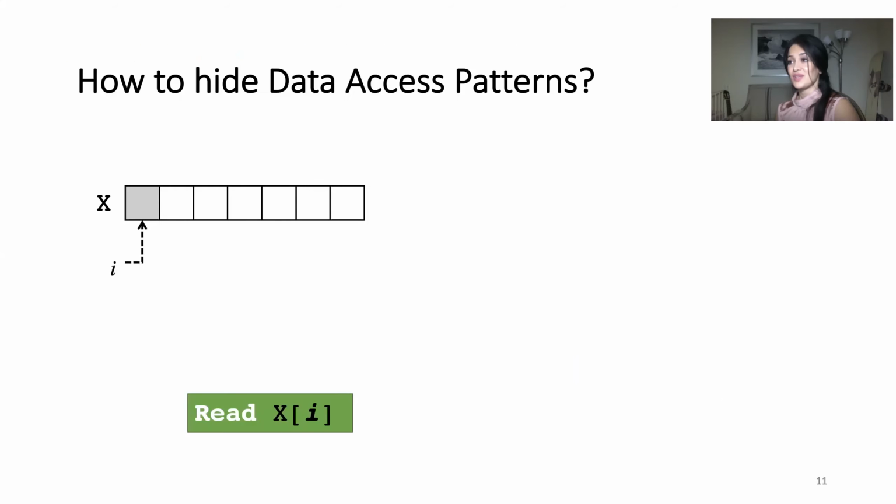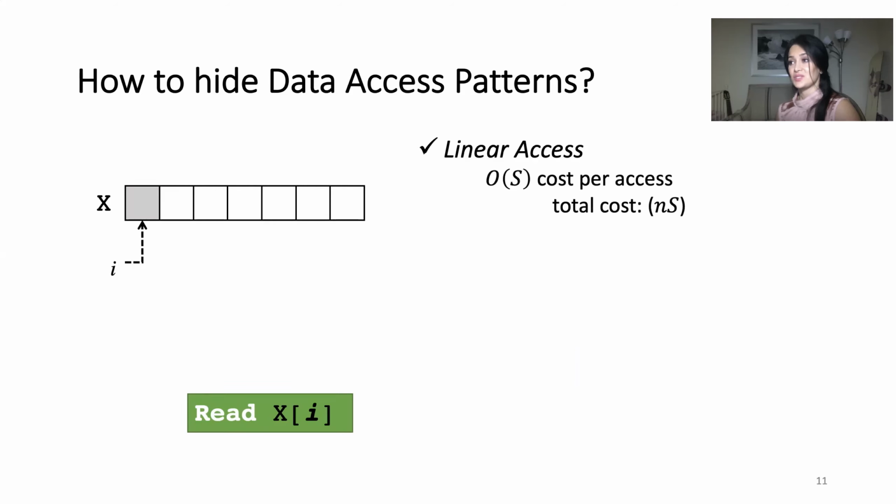There are already some ways to hide the access pattern, but the simplest one is when we want to read or write every single element, we touch all the other elements to hide which one was the target. This solution has linear cost per access, which is very prohibitive if we are dealing with large data.